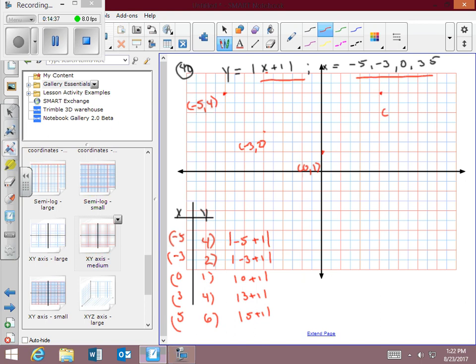There. And then that 5 and a 6 is going to be up here, kind of off of the chart up there. So this is the plots of those points. And that's the way you solve that.